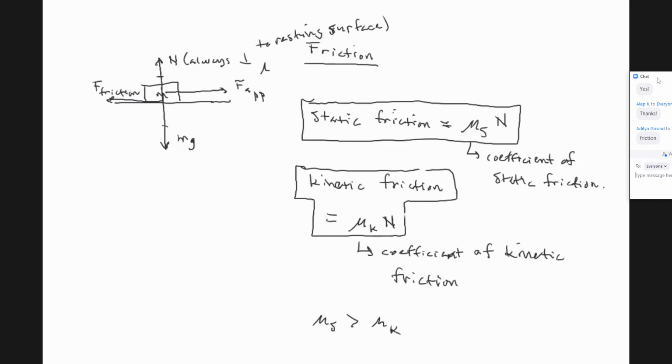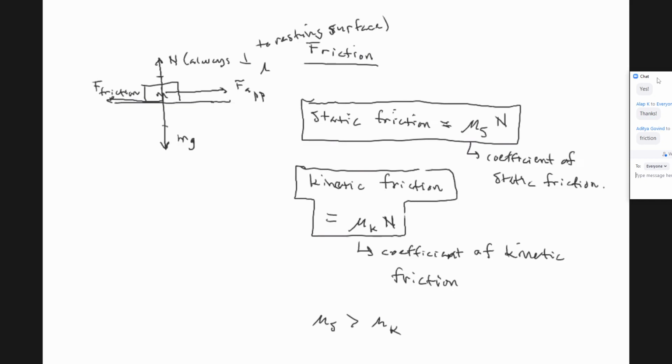So since mu s is greater than mu k in real life, the amount of force you have to push to get an object to move is way harder and greater than it is to get an object that's already moving. And if you ever had your car die on you and you had to push it, trying to get that car moving when we first start pushing is the hardest, right?